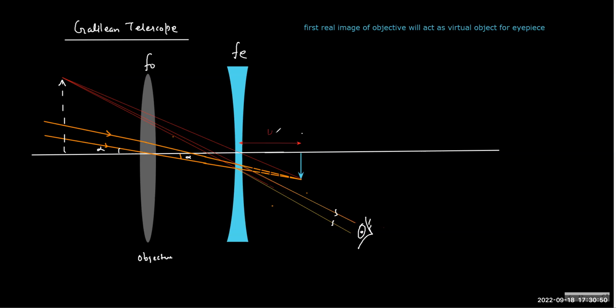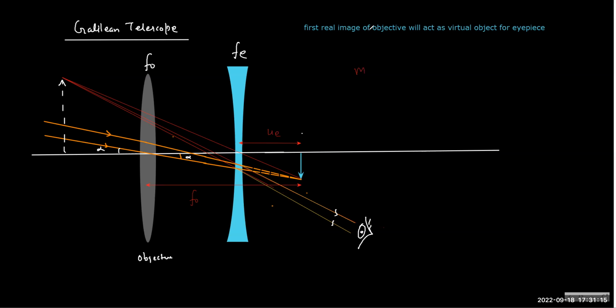This will be the U, and the entire thing is from here to here. Again, F. So the only difference is the magnification will now have a positive value, because you can see FO and UE both are positive.